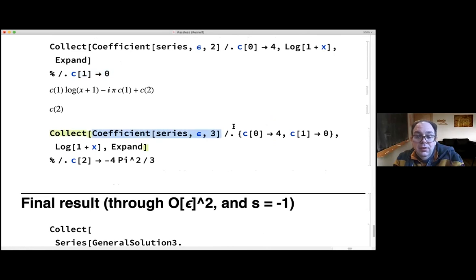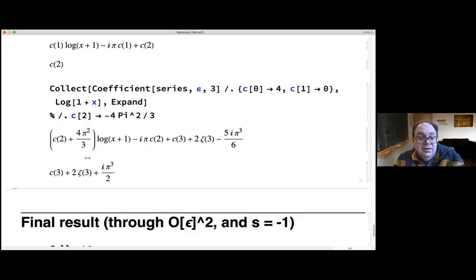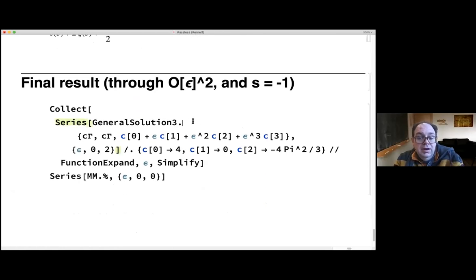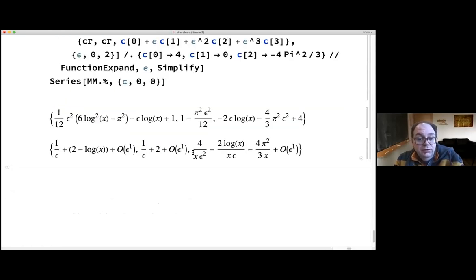If I go to order epsilon cubed and I inject what I know, then I see that the log 1 plus x goes away if C2 takes this special value. And if you plug that all in, so you plug in the values that you found, that is the solution for this one bubble, this would be another bubble, and this is the massless box.